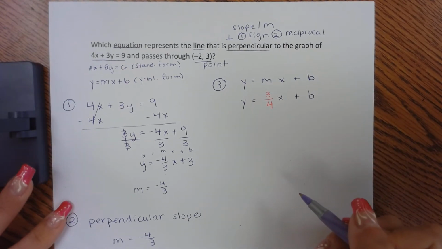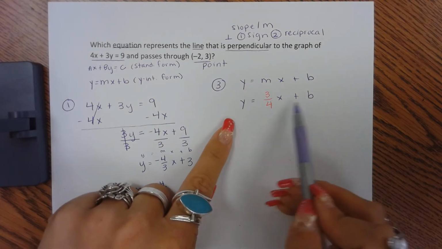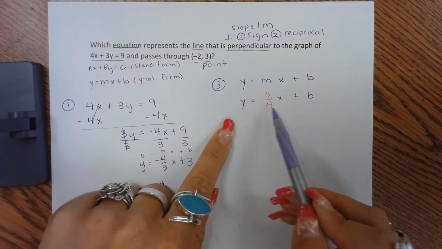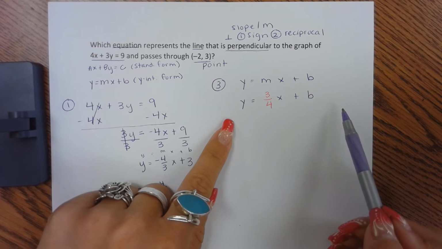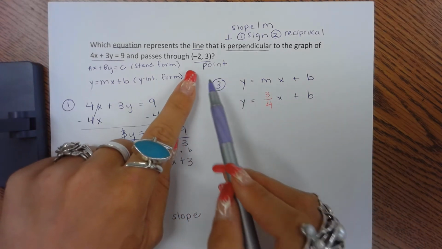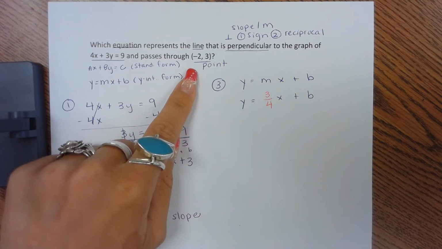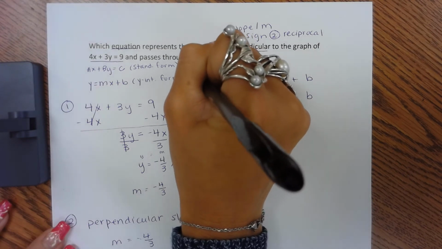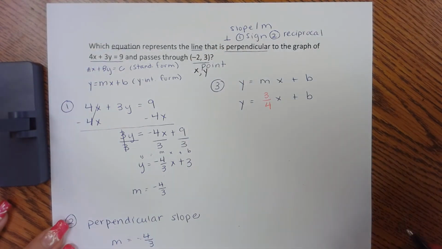Now, with this new line, I like to think of it as filling in our blanks to solve for a variable. The question has given us a point, (-2, 3). When looking at a point, our x is here and our y is here.